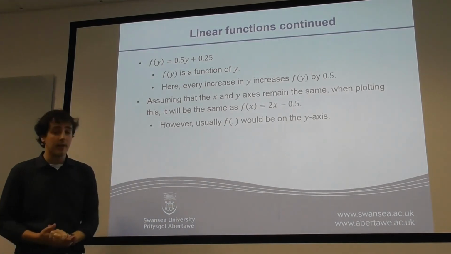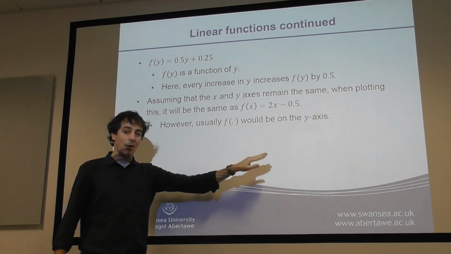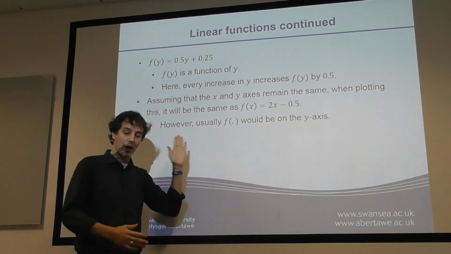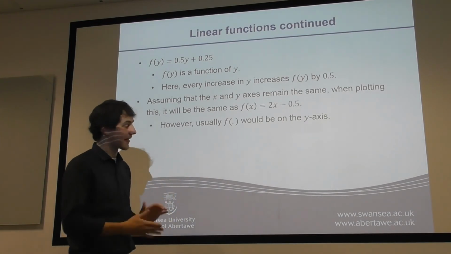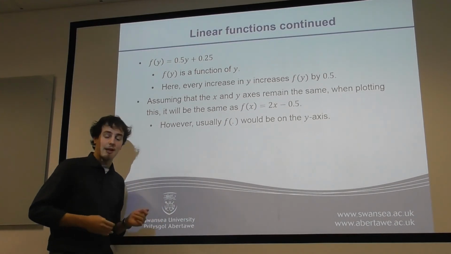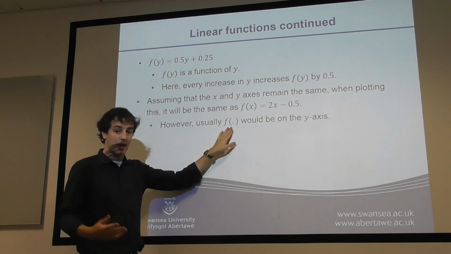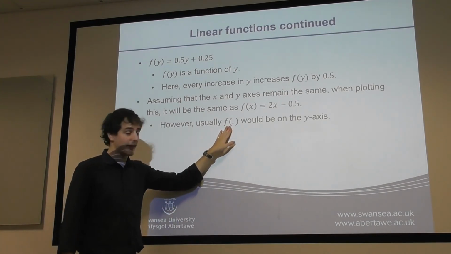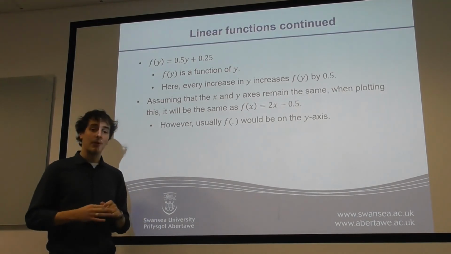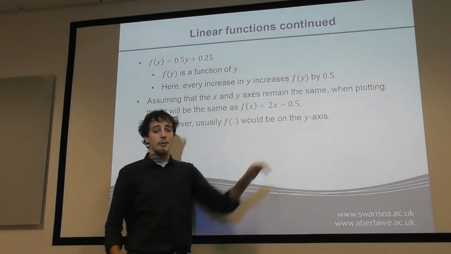However, what we usually find is that whatever we're looking at the function of will be on the y-axis. So a function of x would normally be on the y-axis, and x naturally would be on the x-axis. For example, the example we had earlier was quantity in terms of price. So quantity would be the f of p, which would be on the y-axis, and price would be on the x-axis. It's just a matter of determining what goes on the y-axis and what goes on the x-axis, and then you can plot them in the same form that we find here.